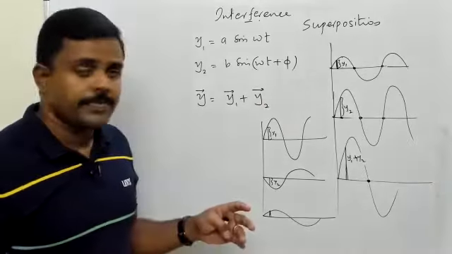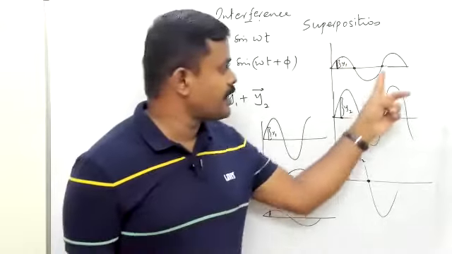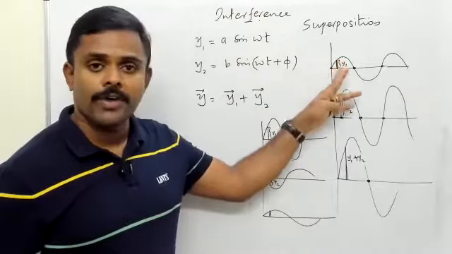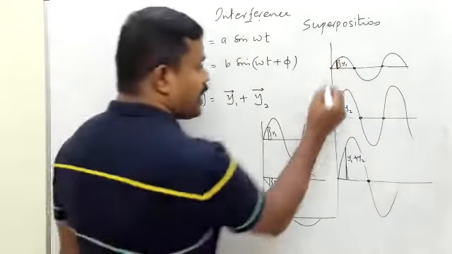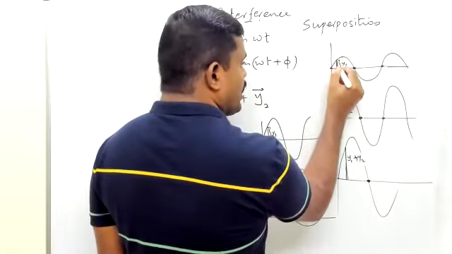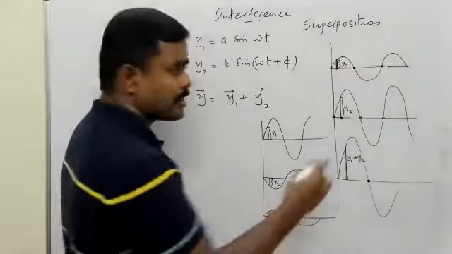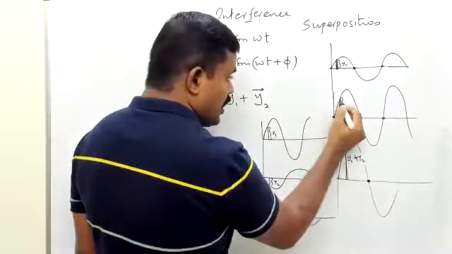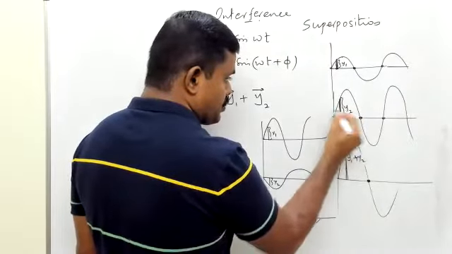So what do we have here? I told you we have a wave here. This is one wave, which is having a displacement of y1. Displacement means what? At this location, I just draw a line vertically up. So that height will be y1. At the same position, for this wave, the height is y2.